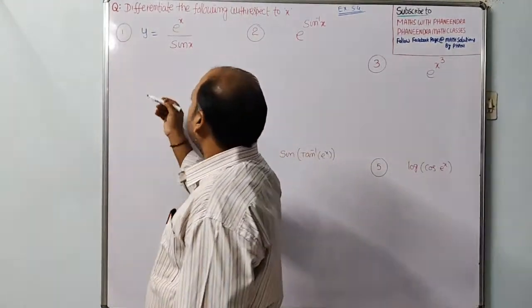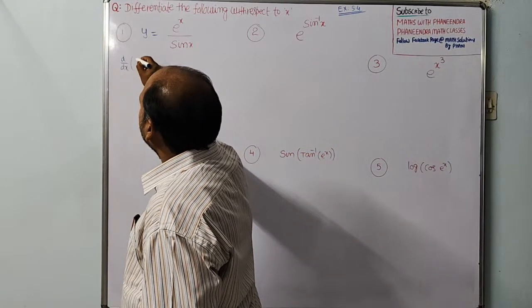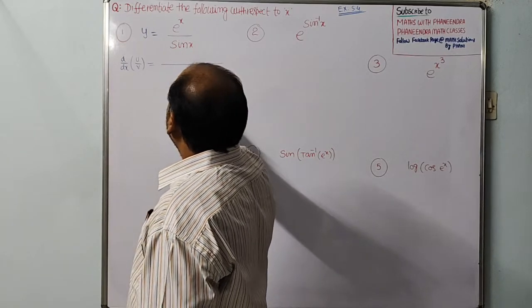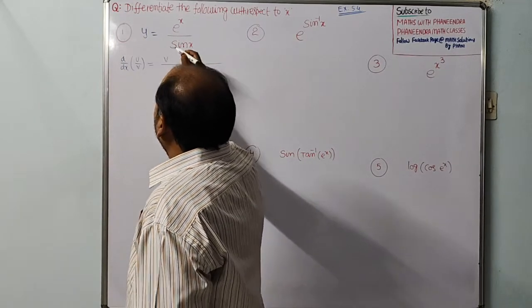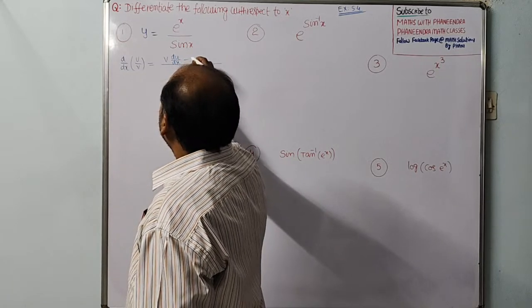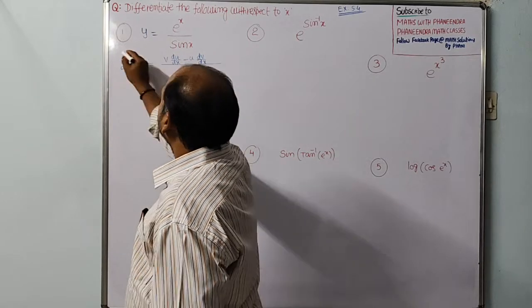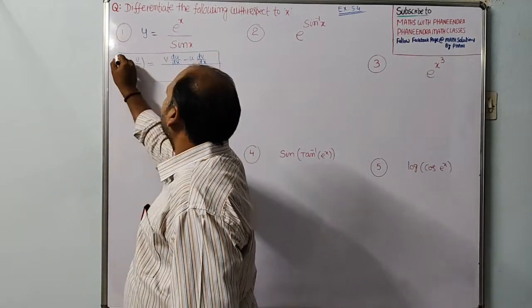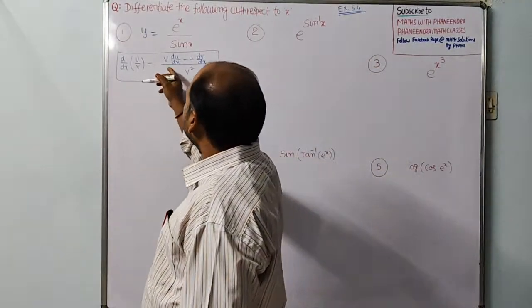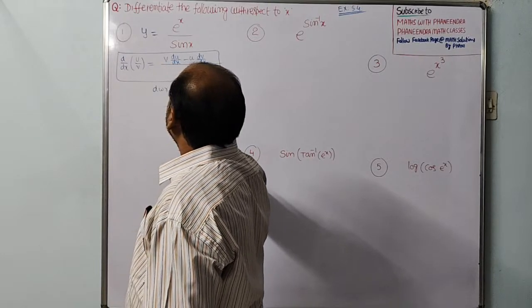The quotient rule of differentiation is d by dx of u by v equal to (v into du by dx minus u into dv by dx) by v square. By using this formula, differentiate with respect to x.